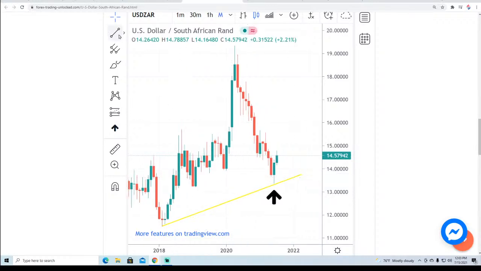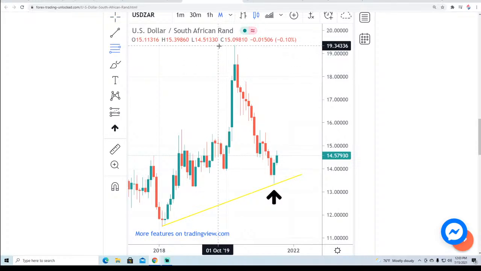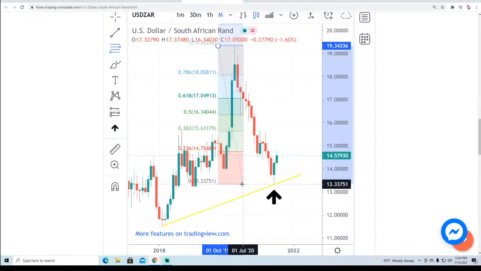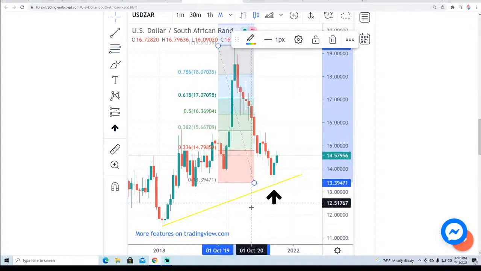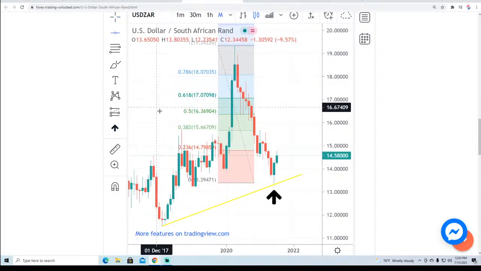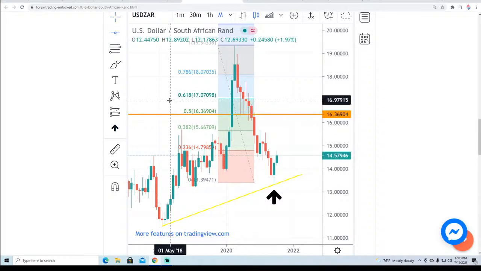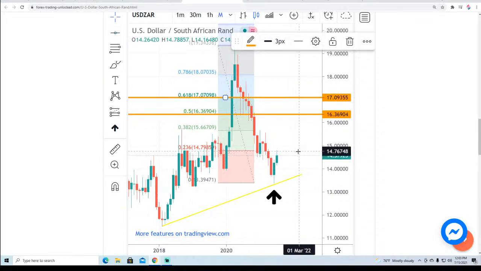And how far can you go up as far as a move? Even if this market remains in the bull market, meaning the dollar is the weaker currency and this is just a correction, we're looking for, even just at the 50% mark, a rally up to there. 0.618 puts us all the way up to 17.